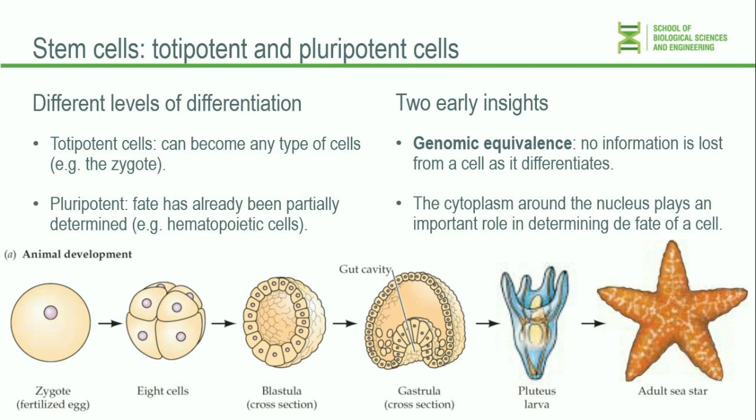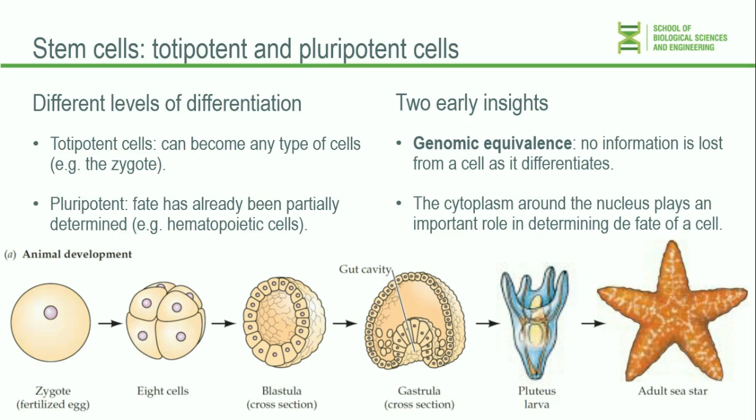They cannot become a nerve cell just like that. They cannot become a liver cell. They can become different types of blood cells. In this case, the fate of these cells has already been partially determined. And in this case, we talk about pluripotent cells.